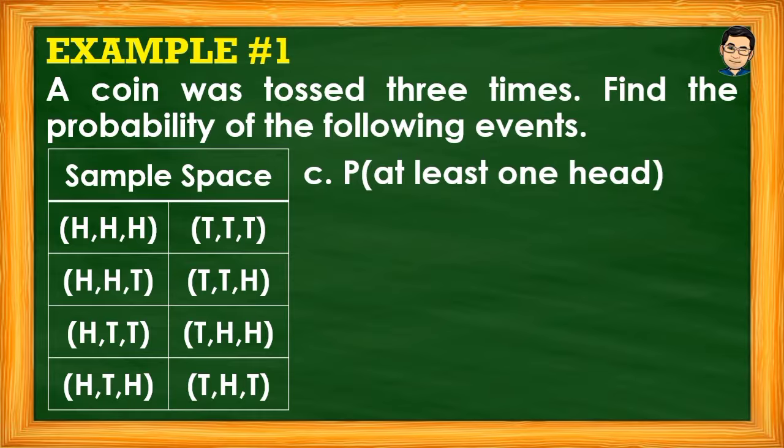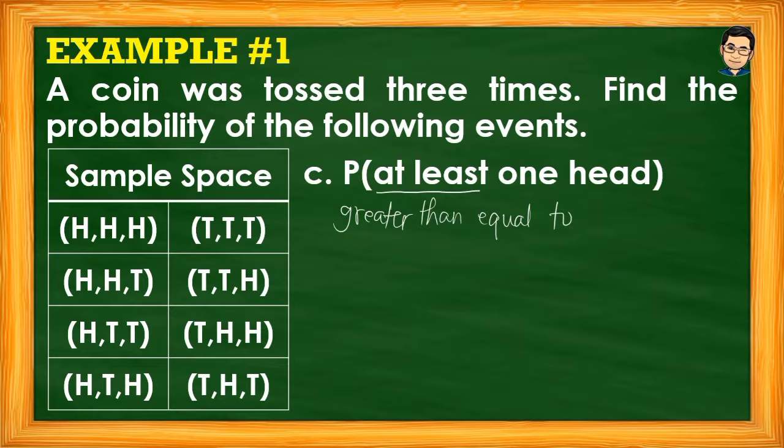So for letter C, probability of getting at least one head. So we have there the word at least. So pag sinabi nating at least, that is greater than or equal to. Okay. So ayan, titignan natin yung getting at least one head sa mga outcomes natin. So basta merong isa or higit pa na head dun sa ating mga outcomes, counted po yun.